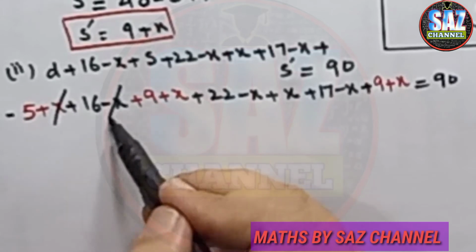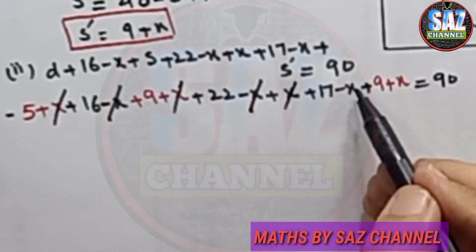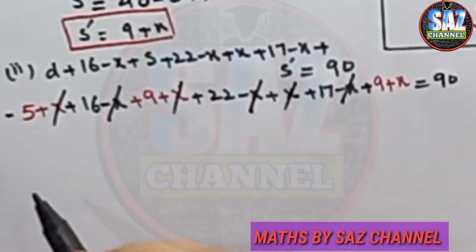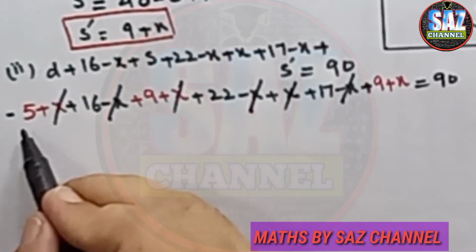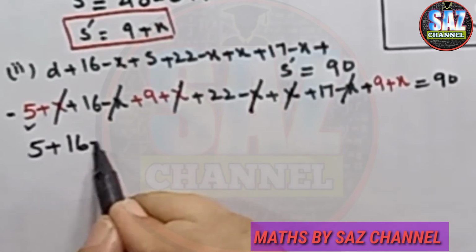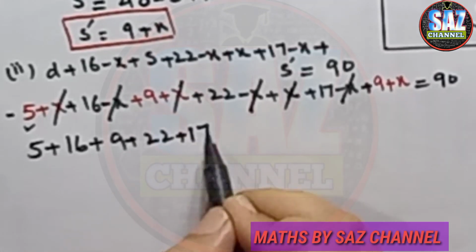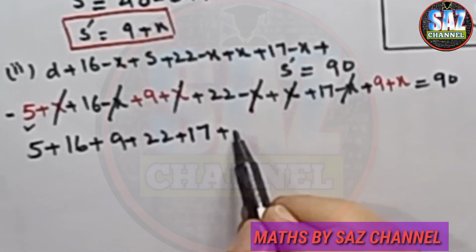The x can go with this x, and this x can go with this x, and I'm left with 1x. And now from the constants, I have 5 plus 16 plus 9 plus 22 plus 17 plus 9.